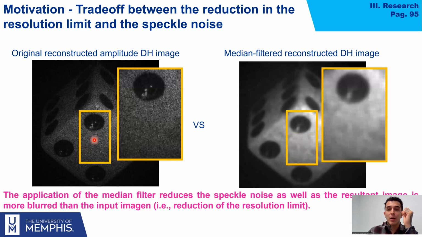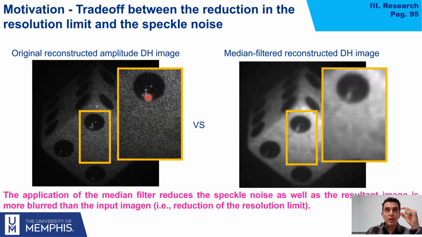However, there is a problem. Let's zoom in on the yellow field of view in both images. Clearly, you can notice that the speckle noise has been reduced, but at the same time, the information of the image has been deleted.